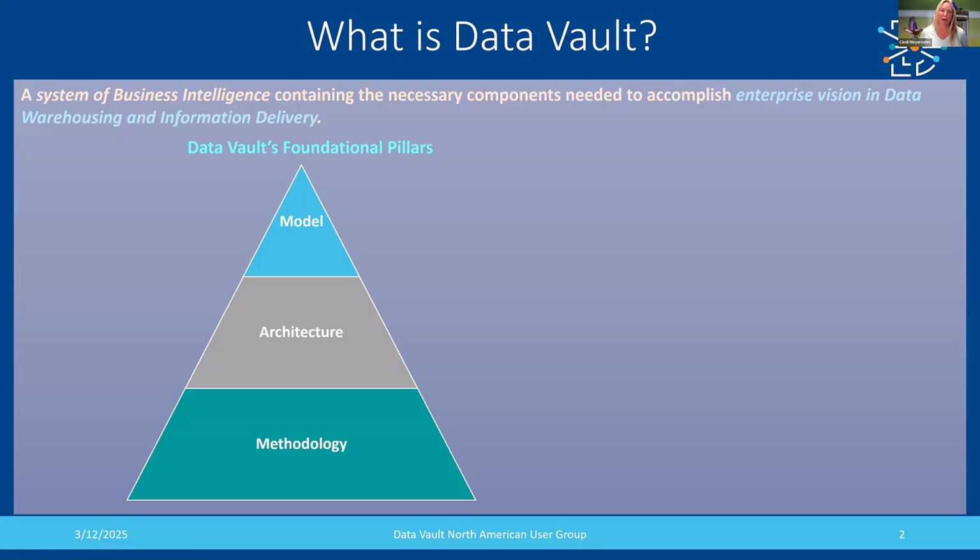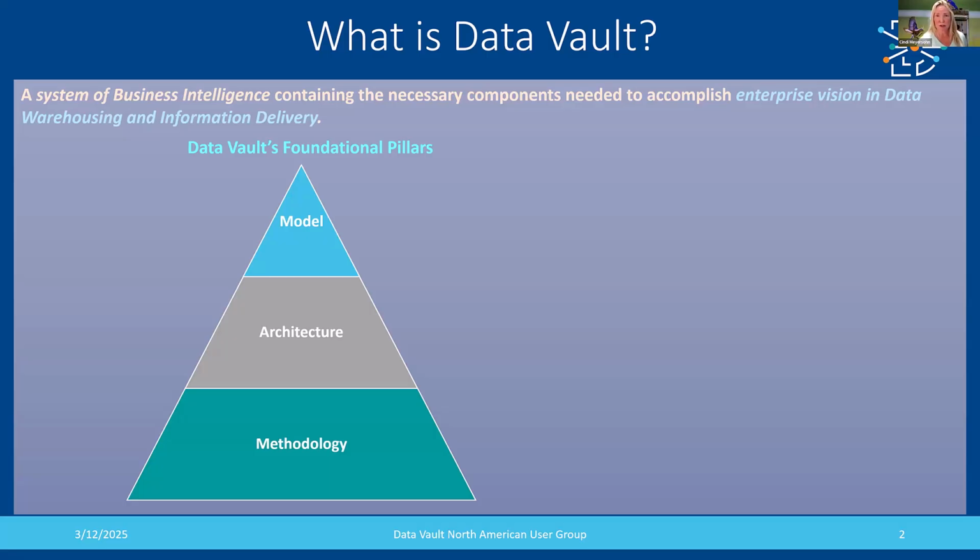The methodology is also where we get the implementation guidelines, what I call the how-to regarding the build and implementation. It's the methodology and implementation aspects that separate Data Vault from a framework. A framework will tell you what you need. It does not tell you how to build.